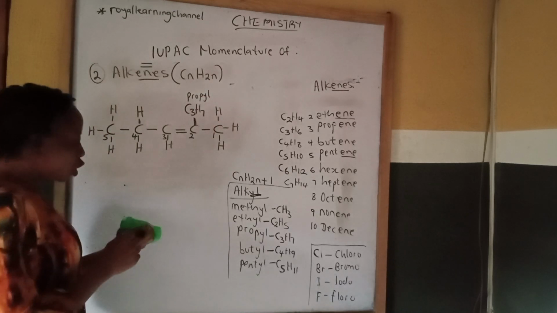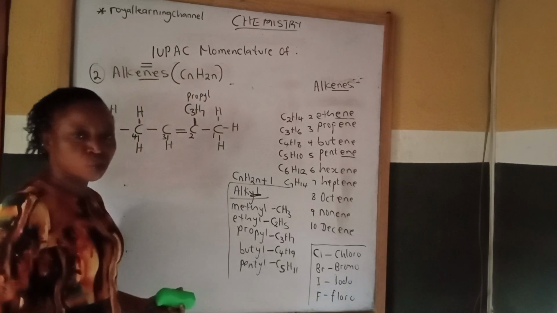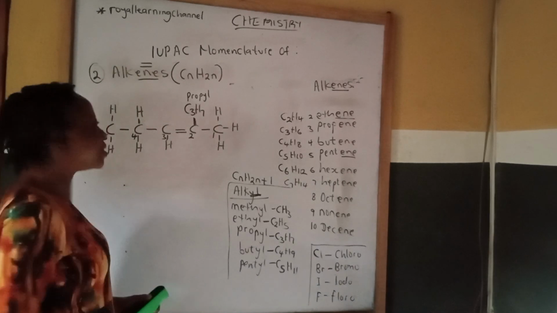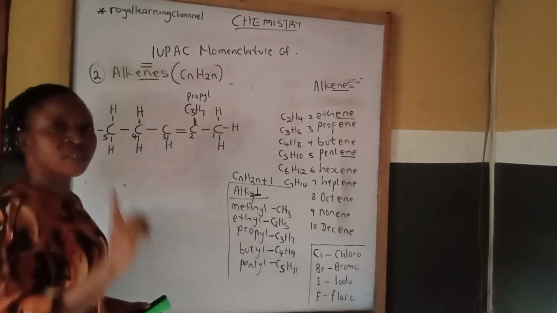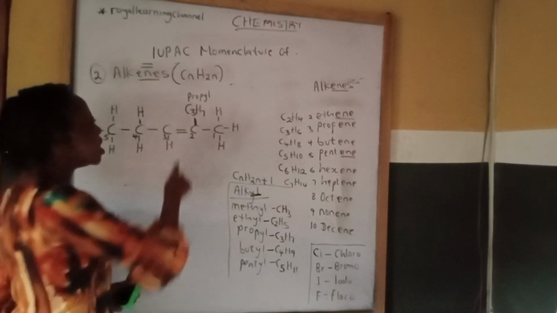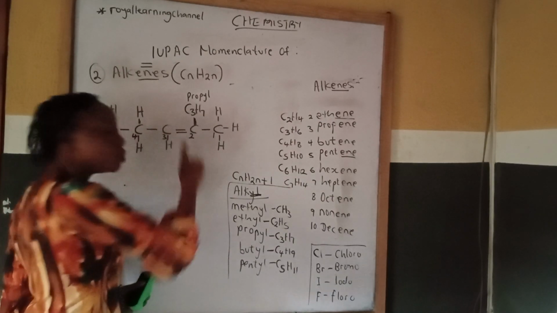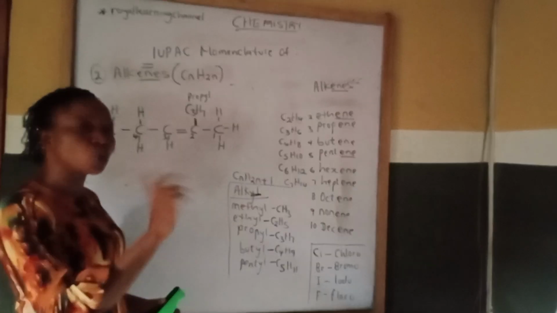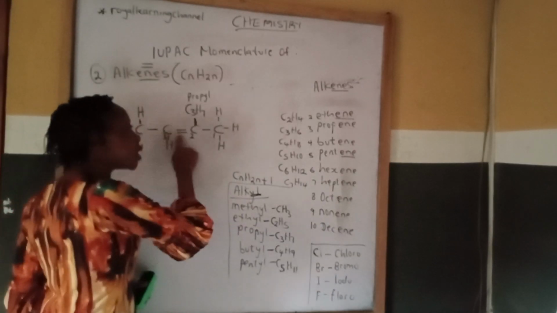Then, like I said, you don't consider substituents in naming alkene. What you consider in naming alkene is your functional group. You consider your functional group first. You name from the end which will give the lowest number to your functional group.